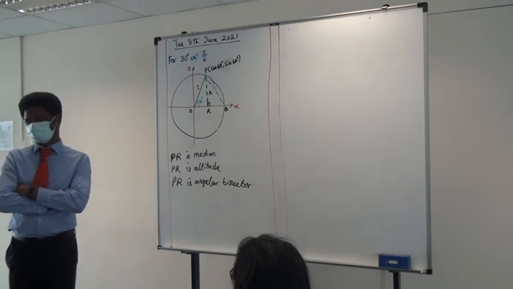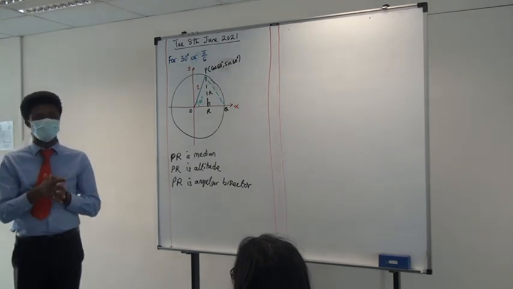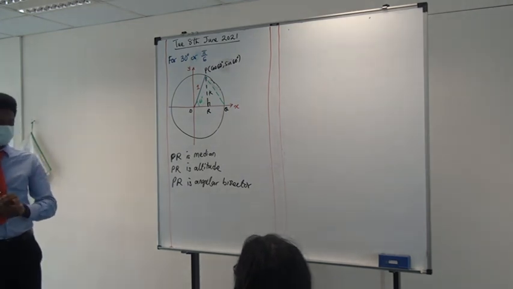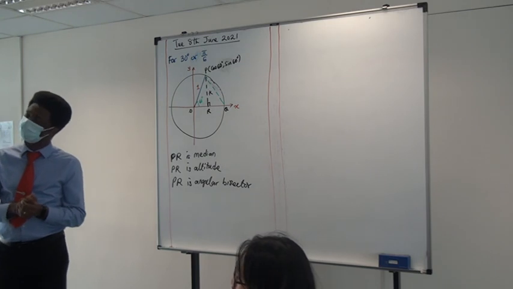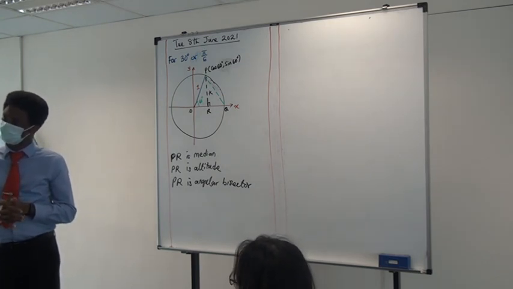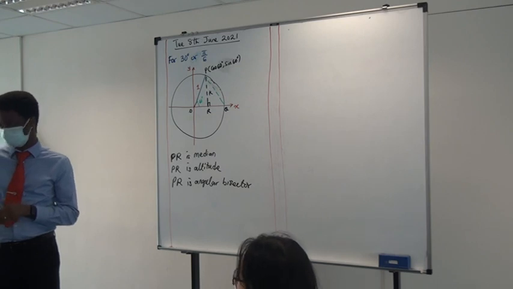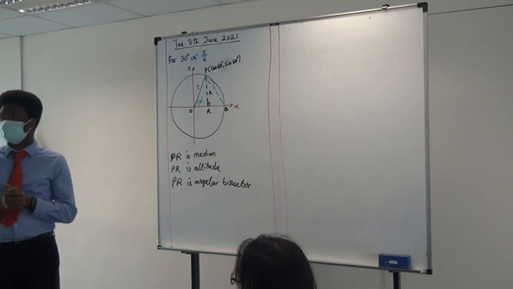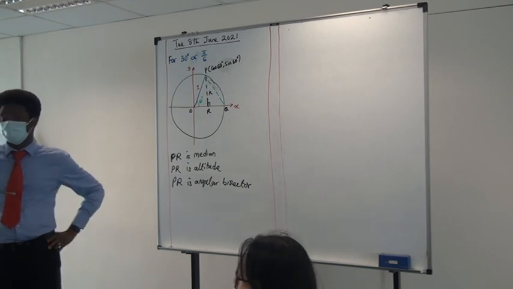Which of these is true about PR? Altitude and angular bisector is true. If you mean median, do you mean the median of that triangle? What does median mean in this context? I don't know. I have no idea.